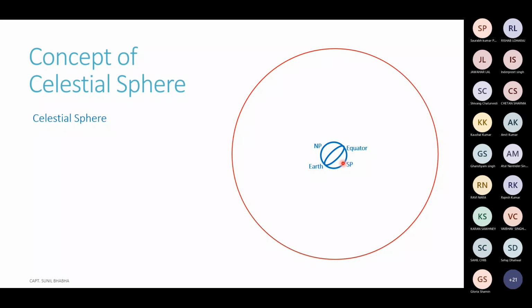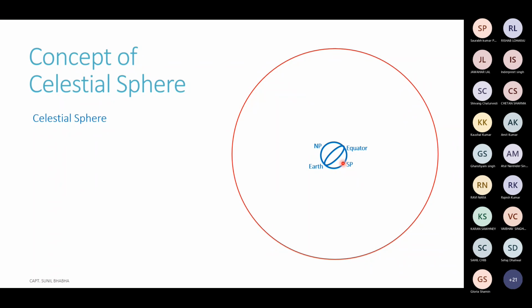So this is the reference we use on the Earth's surface, the latitude and the longitude. Now, how to specify the position of celestial bodies on the celestial sphere? For this, we have made some references, and they are very much similar to the references on Earth. So let us now see the references which we have on the celestial sphere.